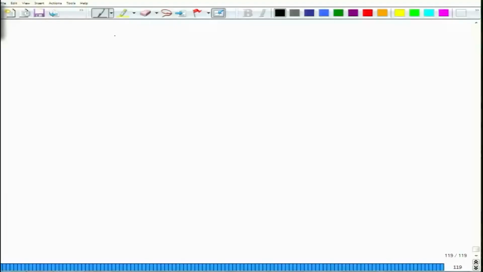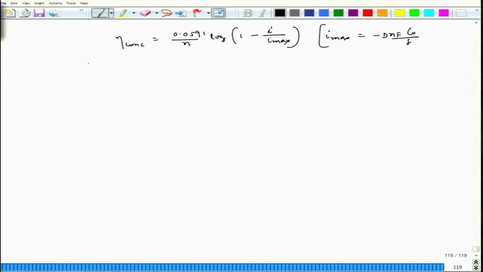So, now if I try to plot concentration polarization, which is eta concentration equal to 0.0591 by n log of 1 minus I by I max, where I max equal to minus nFD C0 by delta, this plot would look like this. So, this is log I again, this is polarization.